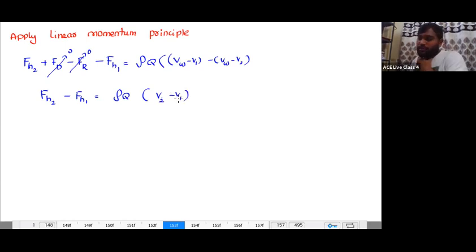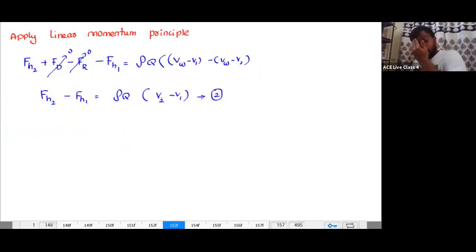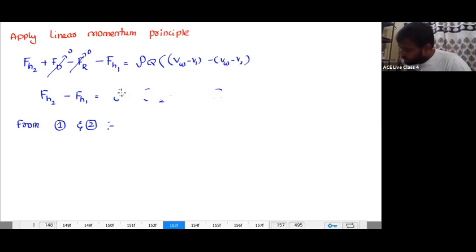So this is equation 2 and that was equation 1. I am going to solve directly from 1 and 2. I'll write one more way here.